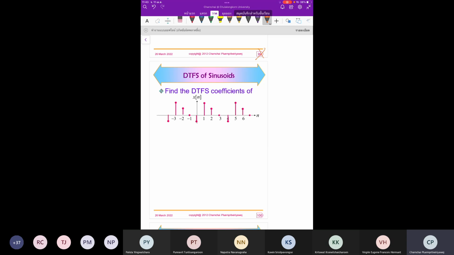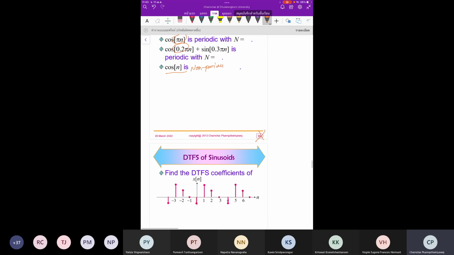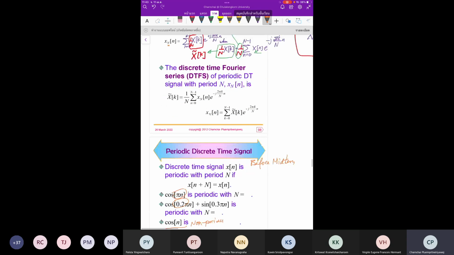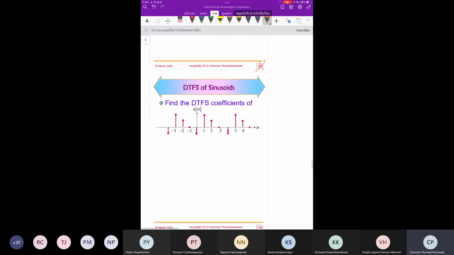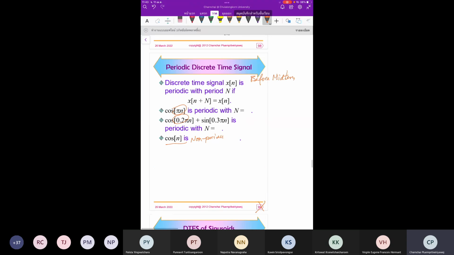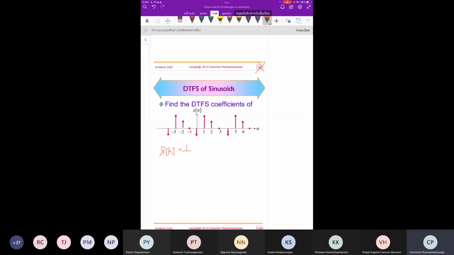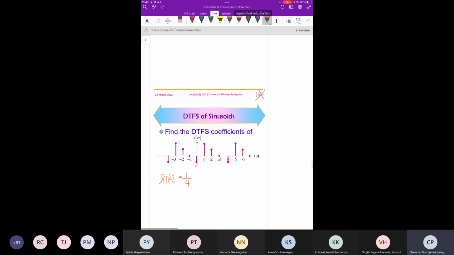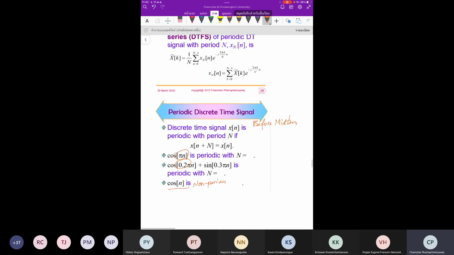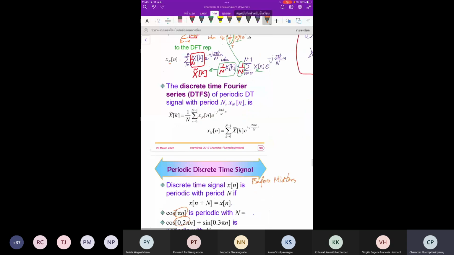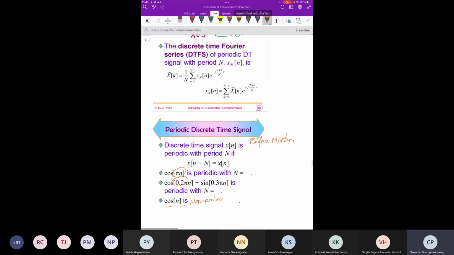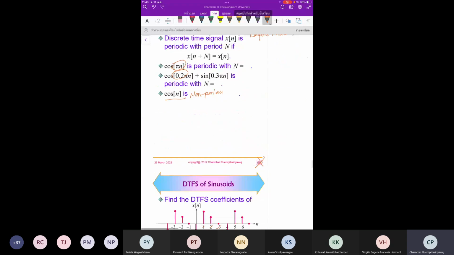For the DTFS, this one just put in the equations here. If you want DTFS, it's x tilde k, right? X tilde k would be 1 over n. How many n are there? Periodic. 1, 2, 3, 4. So it's 1 over 4 times what? We need that formula.